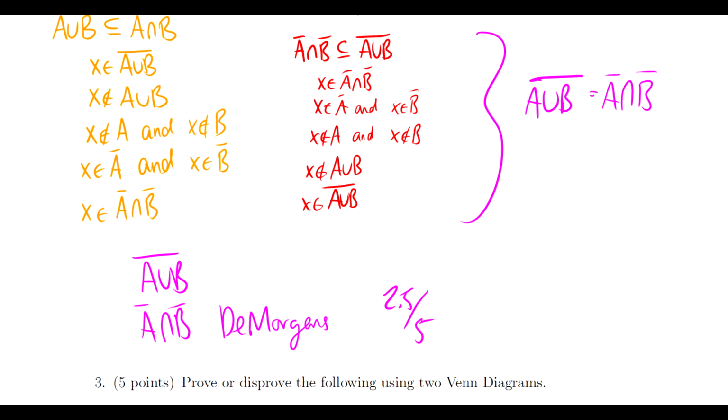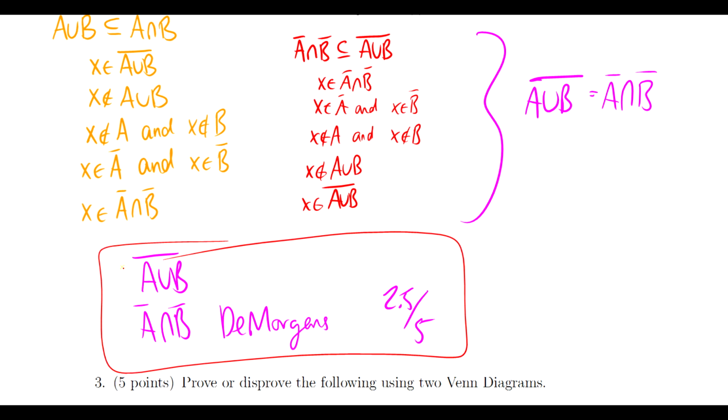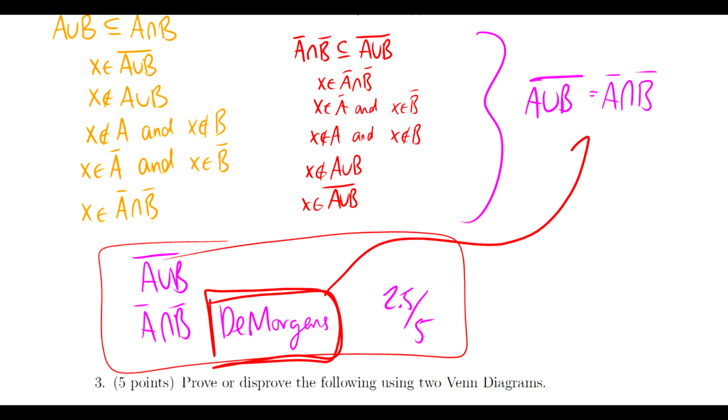That is a set theory proof that hasn't really been formally explained, because this step right here where you say by De Morgan's, that's the whole point of the proof, is to prove that De Morgan's works. So just writing this down is kind of like saying, well, at least you understand what you're supposed to do, sort of. So I'd give you half a mark for that.